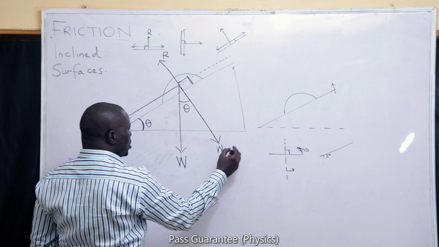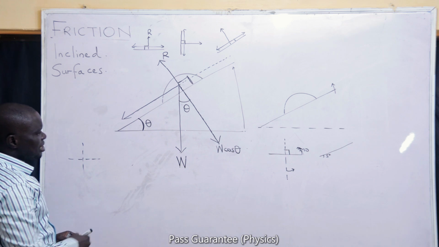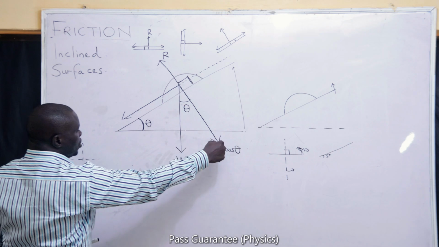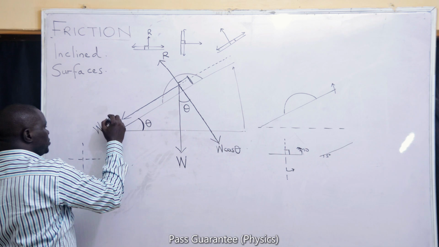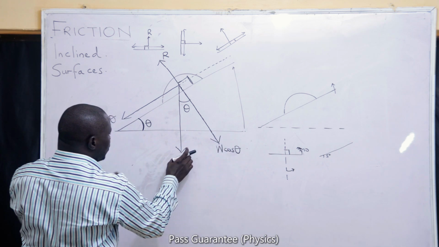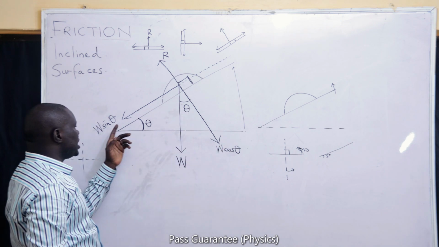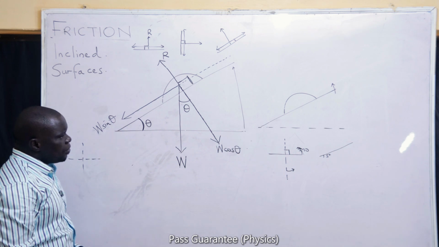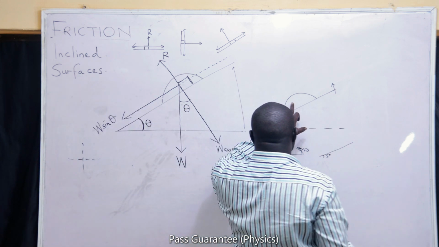So this automatically becomes W cos theta. The other direction is at 90 degrees to that. If these two directions are perpendicular and one is cos theta, the other one will be obtained from W sin theta. That is how to get two perpendicular components of a vector. Once you know the component that is beside the angle, the other component that is perpendicular to it must be at sin theta.